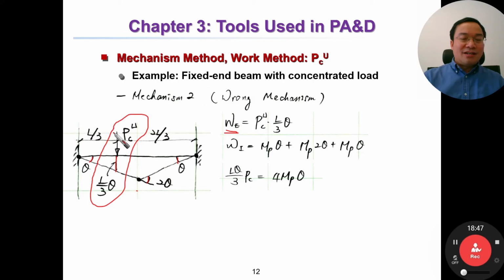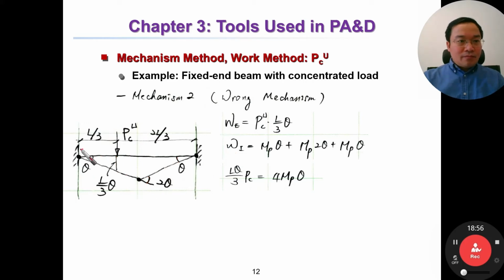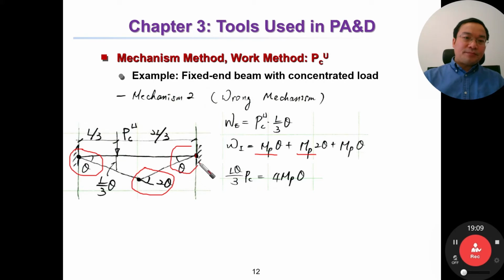Internal work here is MP multiplied by theta, MP multiplied by 2 theta, and at the hinge MP multiplied by theta. Then we have 4 MP theta.